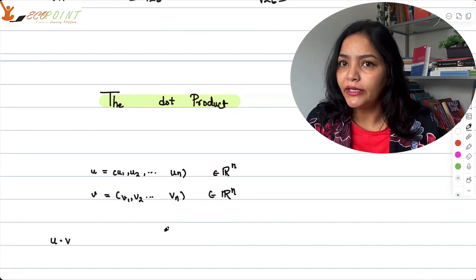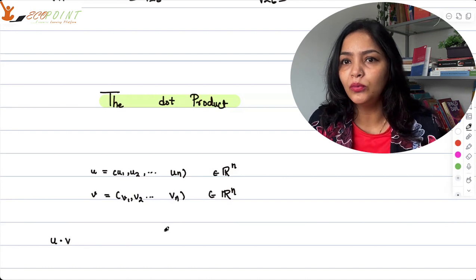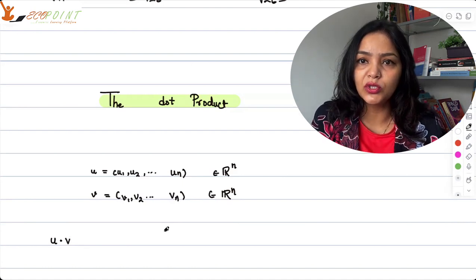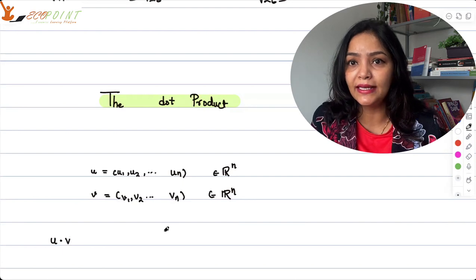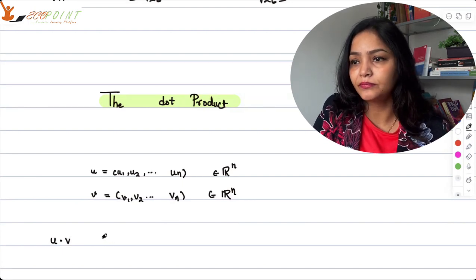What kind of product is it? Well, it's a product which will give you a real value, or a scalar. So many times it's also called scalar product.